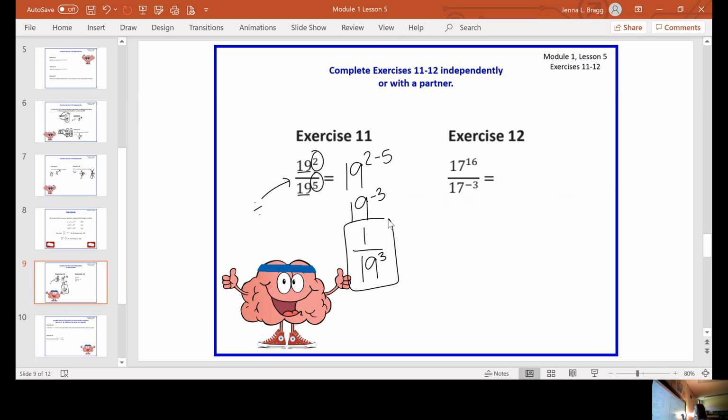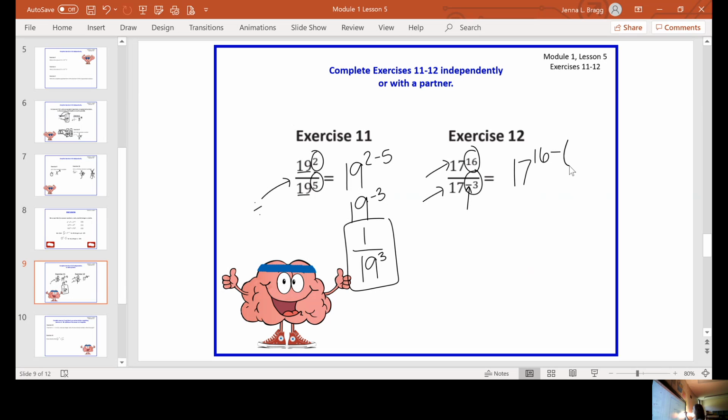Exercise 12, same thing applies. I have a base of 17, so I keep my base. Be very careful here. I'm going to subtract my exponents, but my subtraction sign and my negative sign are not the same thing. I cannot count my negative sign as my subtraction sign.